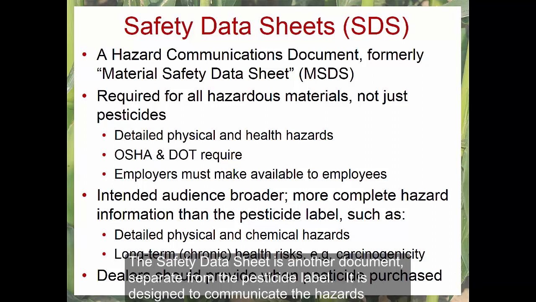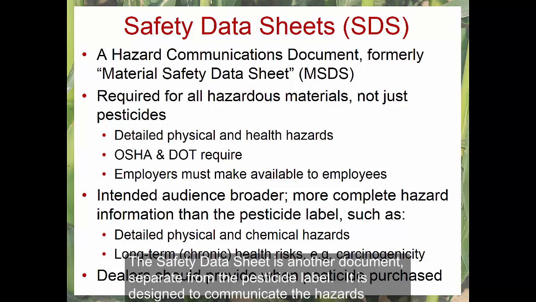Also more information about health risks associated with the material. The pesticide label only gives you the signal word, only gives you the acute toxicity of the material, and then of course tells you what precautions you must take when you're using it. The safety data sheet gives more information about long-term health risks.